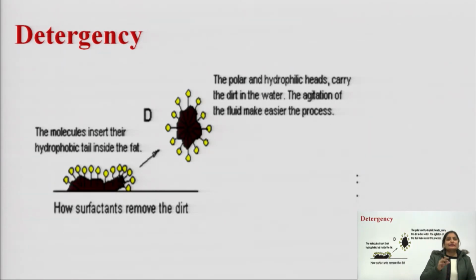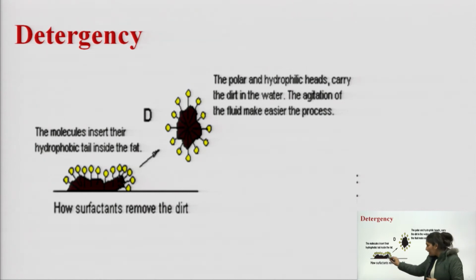Here is the mechanism by which surfactants act or by which the detergency process occurs. In the diagram, I am showing you how surfactant removes the dirt from the surface and makes the surface clean. In this, the molecule inserts its hydrophobic tail inside the dirt, inside the fat, sorry.